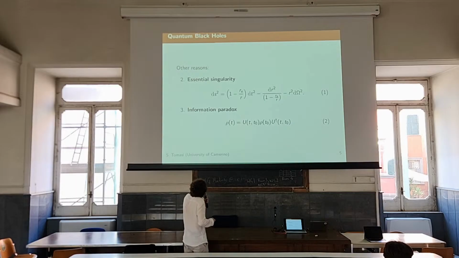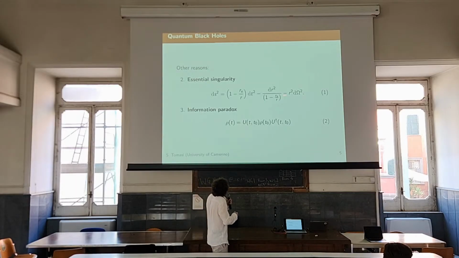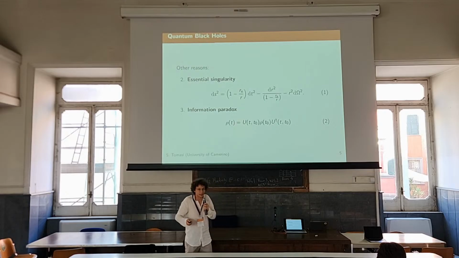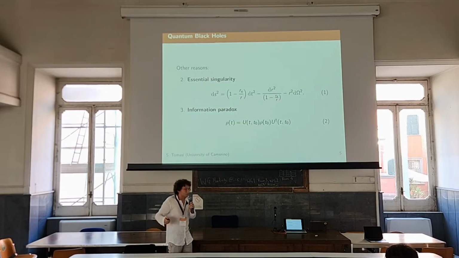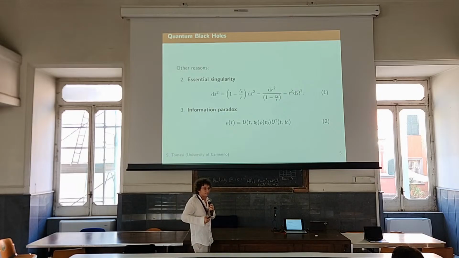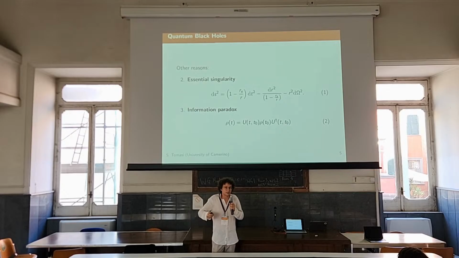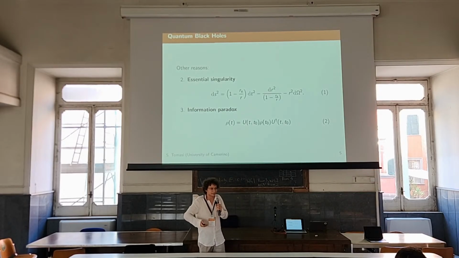So one of the problems, for example, is the presence of an essential singularity in some solutions of Einstein's field equations. Here I've reported the most simple one, the Schwarzschild solution. And you can see that for r equal to 0, so in the origin, we have this singularity, which is called essential because there does not exist a reference frame in which this singularity disappears.